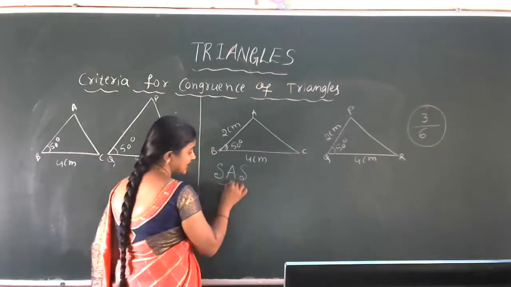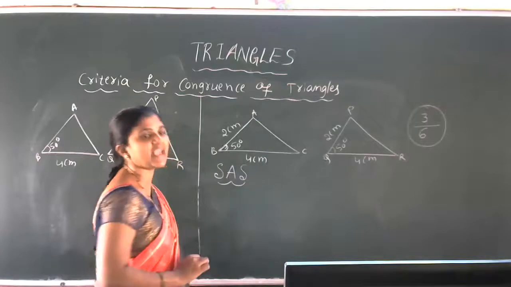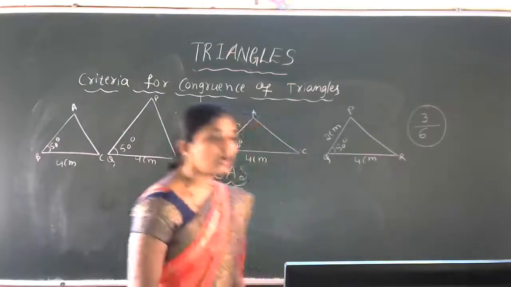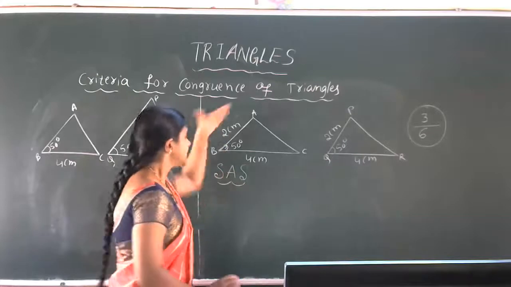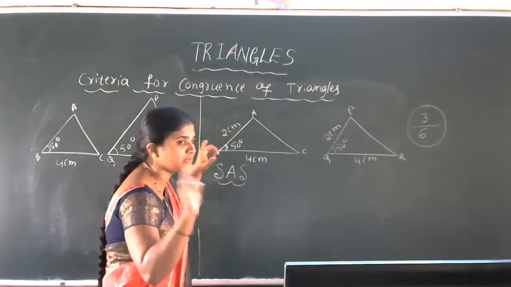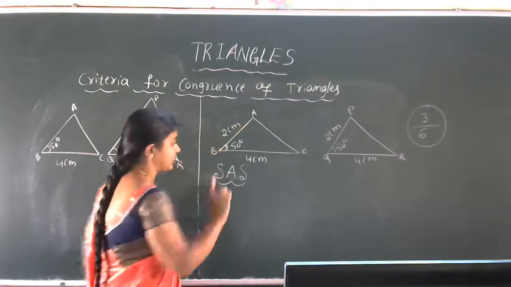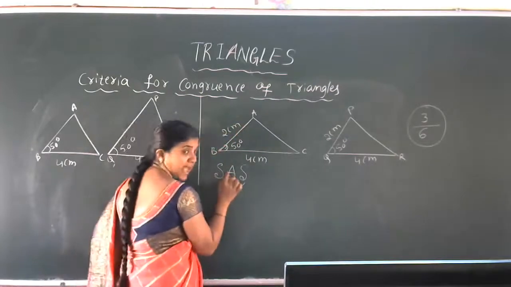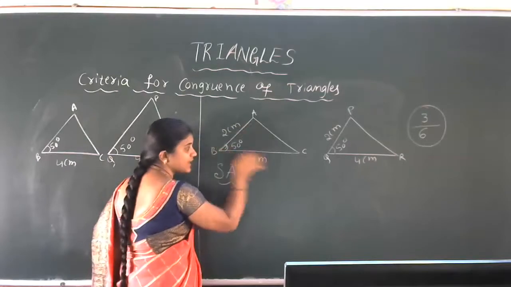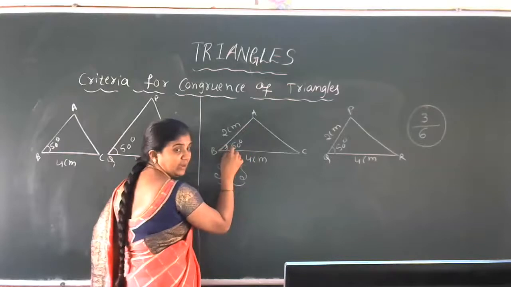So this criteria name is SAS. Side, angle, side. In between the two sides only, that angle must be present. So very important: side, included angle of these two sides. Included angle in the sense, for this side and this side, this is an included angle.